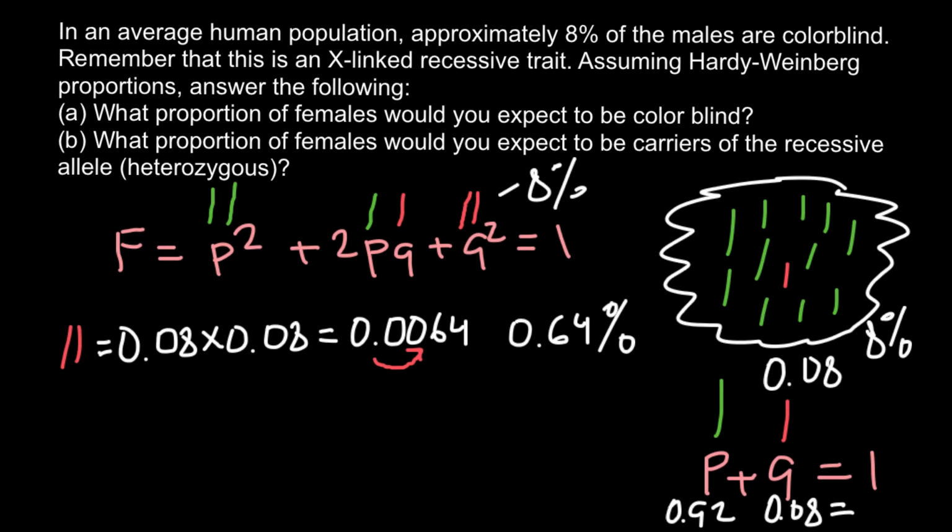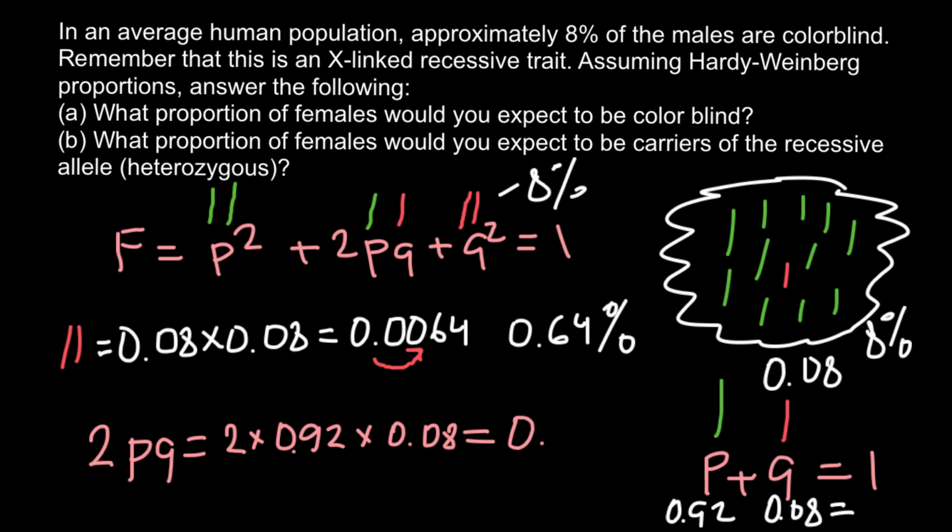So the number of heterozygous females, or females who are going to be carriers, according to our formula, would equal 2pq, or 2 multiplied by p, which is 0.92, and multiplied by q, which is 0.08, and we are going to get 0.1472.